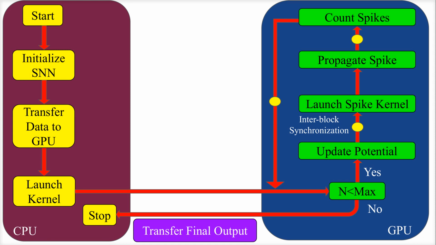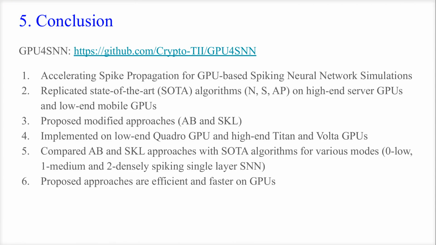We launch the SNN data and the kernel, the computations and processing happen on the GPU, and finally the results are communicated back to the CPU. Definitely, the temporal evaluations we will not consider here, only the final output. But if you want to consider the temporal evaluation, we can proceed with the previous implementation, which is the AB implementation.